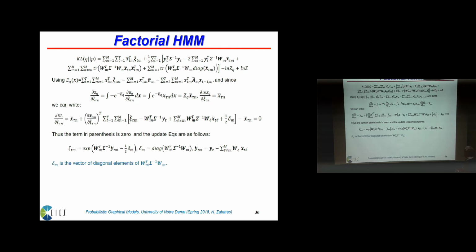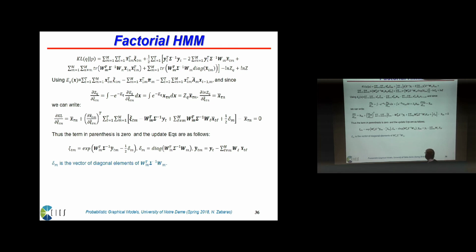The calculation is a little bit tricky, but there is really nothing else except that you have to calculate the derivatives of the partition functions, the normalization factors, with respect to x's. That's the only tricky part. You cannot work with Q and P that are not normalized, so you need to normalize them, and that's why you get these logs of ZQ and logs of Z. But apart from that, the rest is just history. This is a very simple formula, all right?